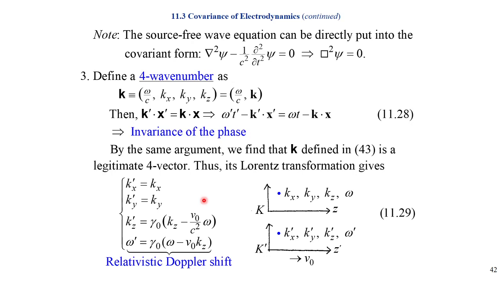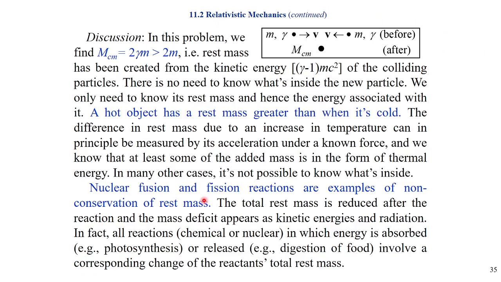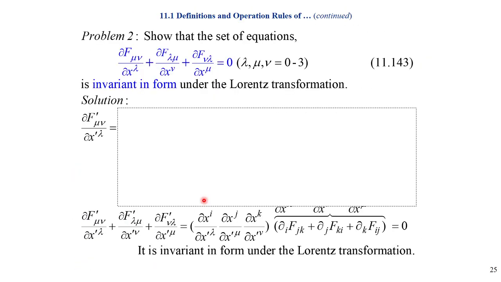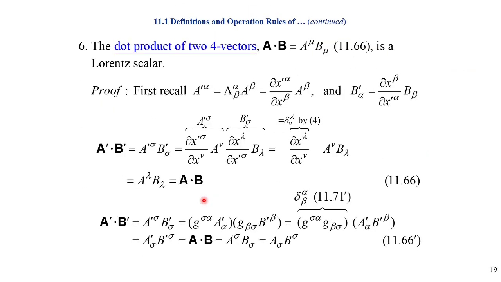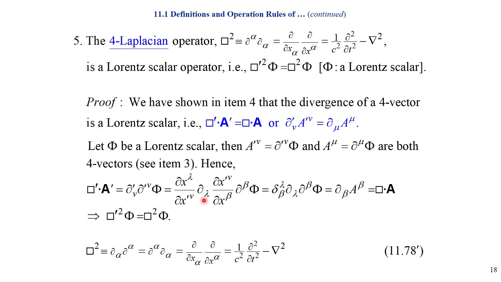Maybe we should go back to here: the fifth item, the d'Alembertian operator. The operator is just like the wave equation, and the d'Alembertian of a scalar and of a vector always transform in the same way.